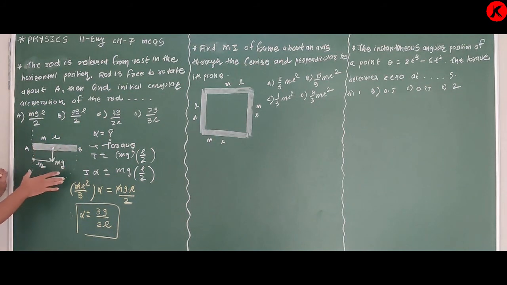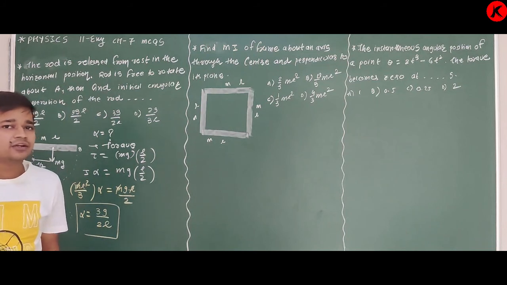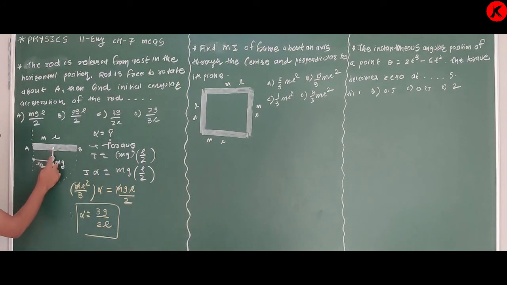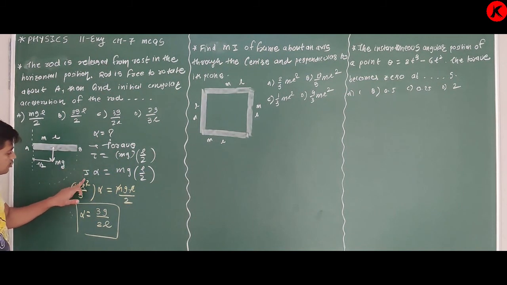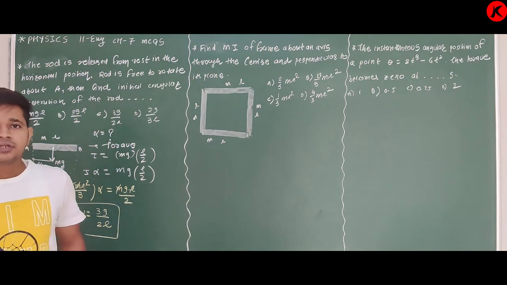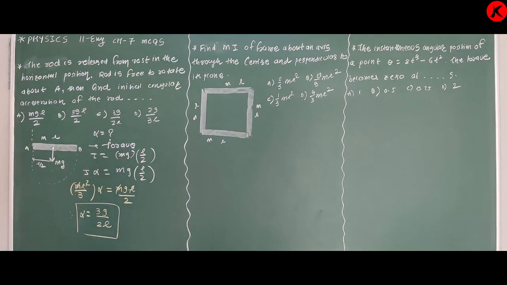It will rotate due to its own weight, acting from the center of gravity at distance. So you have to start the solution from this. Torque is force into perpendicular distance. Then tau is equal to I alpha, where I is the moment of inertia about this axis. Your question is solved. Clear? So this is how to solve an MCQ. Number two.